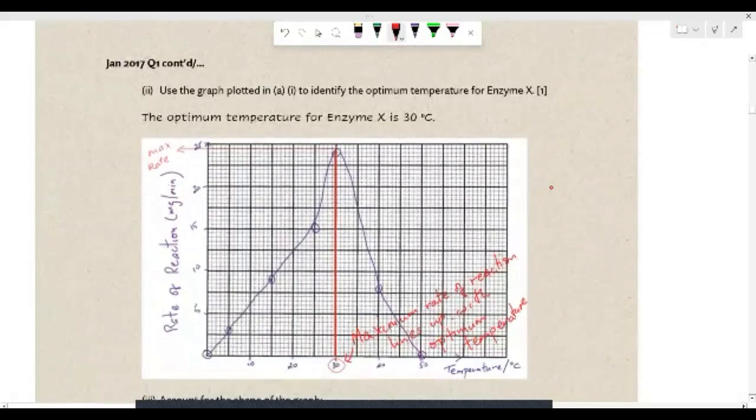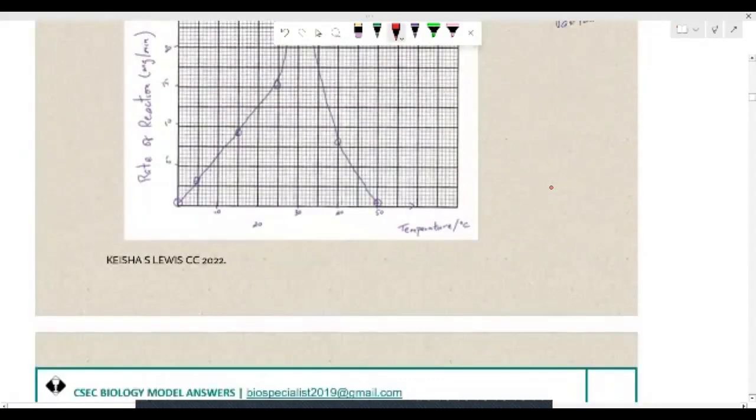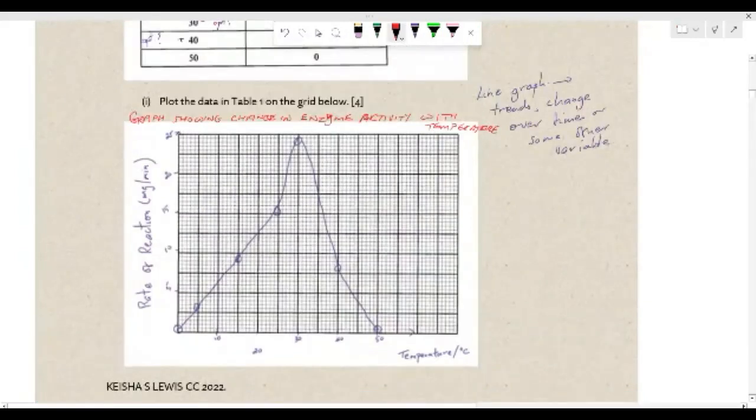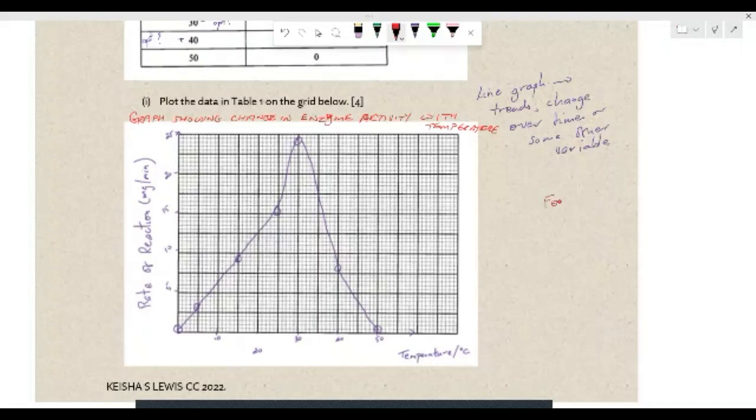Now, before I come back to this, let me just outline how this will be graded. So it's 4 marks, right? You're looking at formatting, you're looking at accurate plotting, all right? Okay, you're looking at things like 75% of grid.